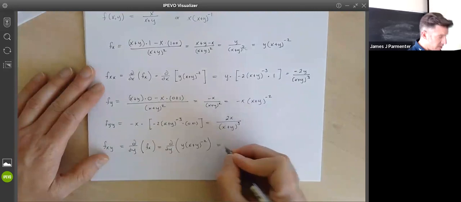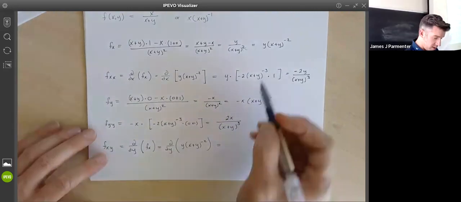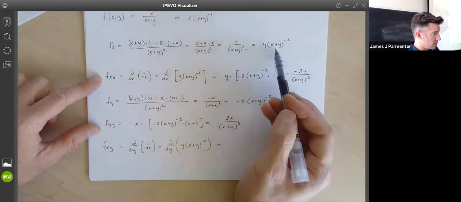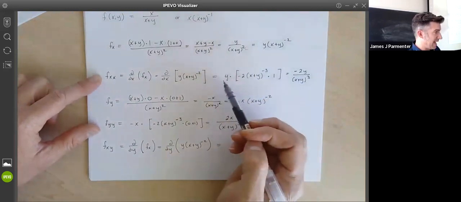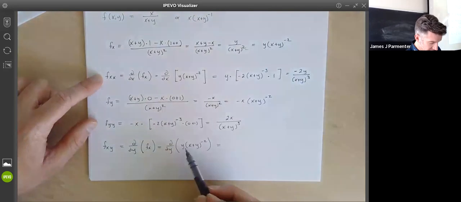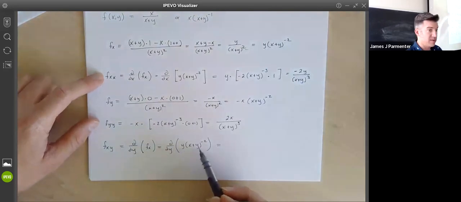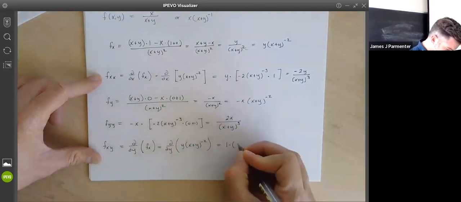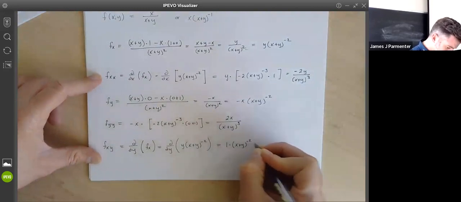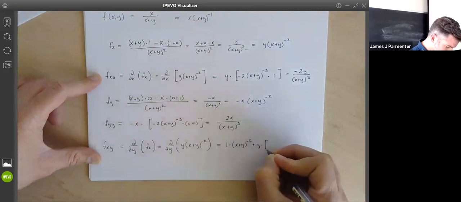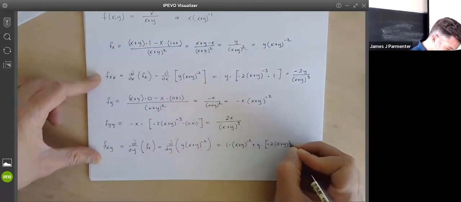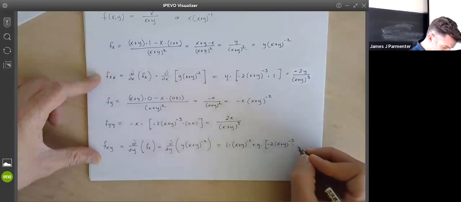So now I do have to use the product rule, right? So here, when I took the derivative with respect to x, I just had a constant times a function, and the constant just got to hang out. But now I have a variable times a function, and now I have to use the product rule. So my derivative is going to be 1 times the other piece plus y times the derivative of the other piece, which is -2 times (x plus y) to the negative third times 0 plus 1.